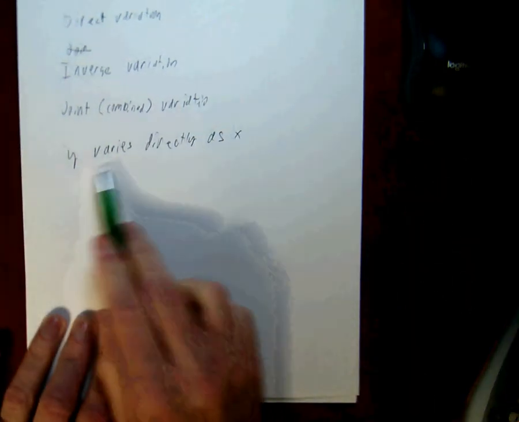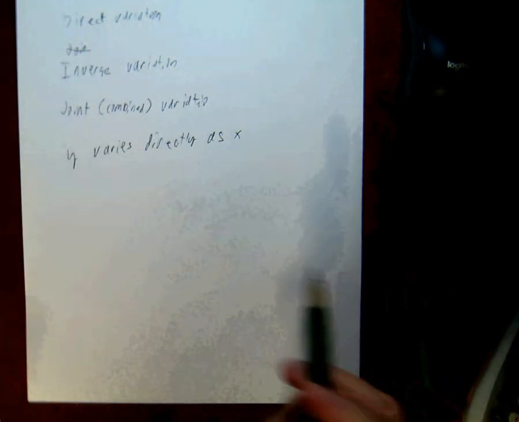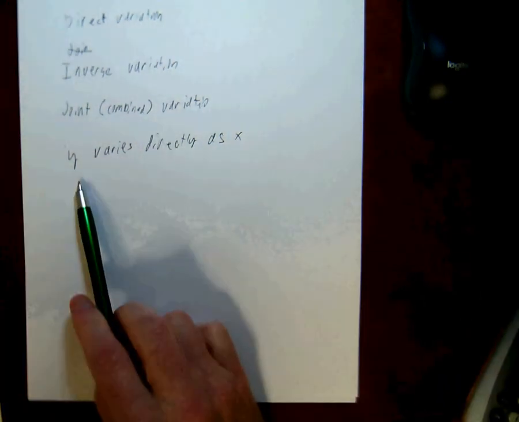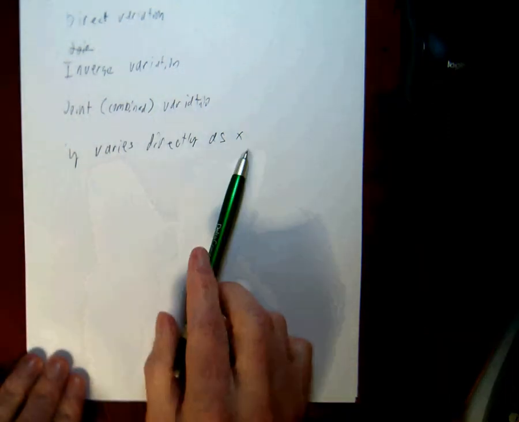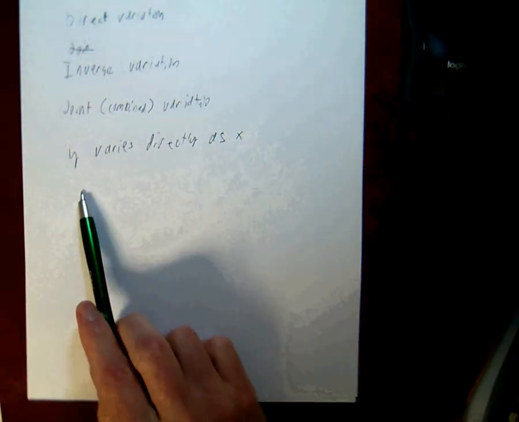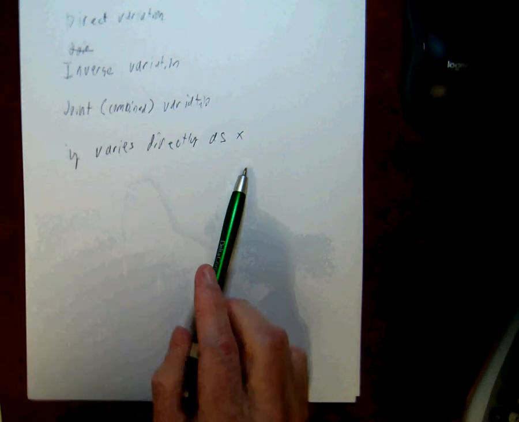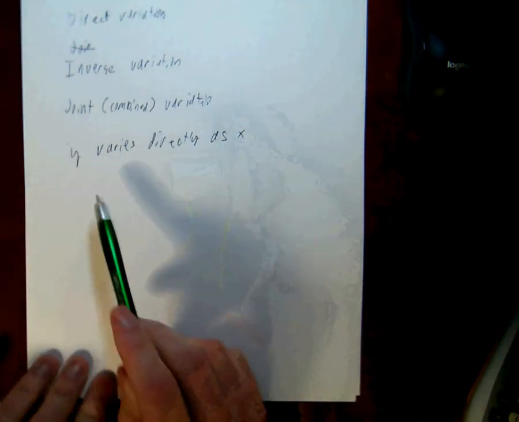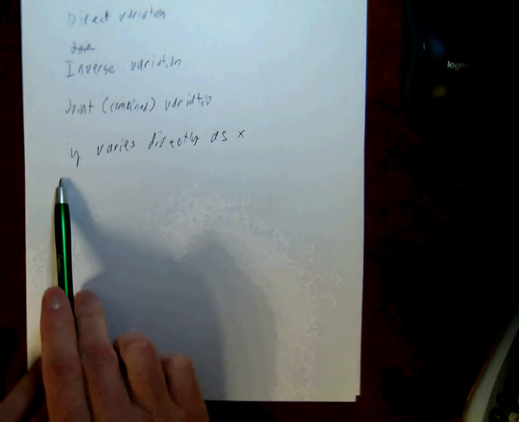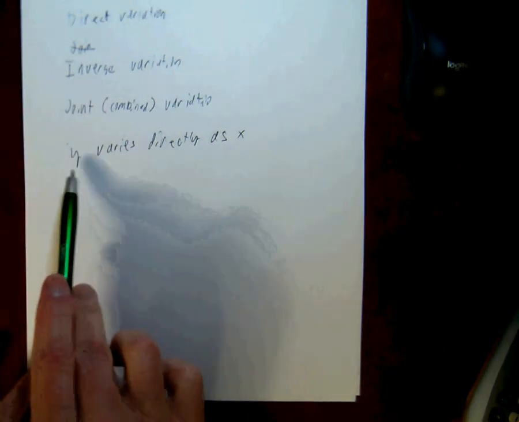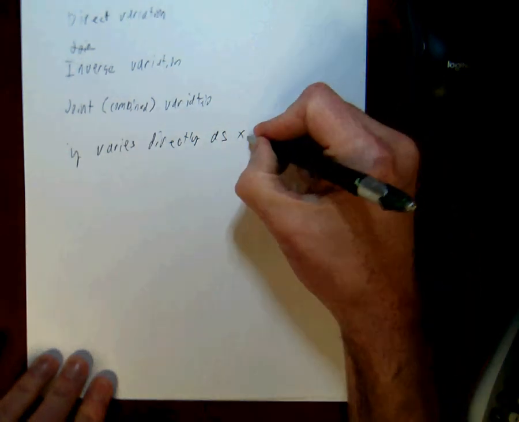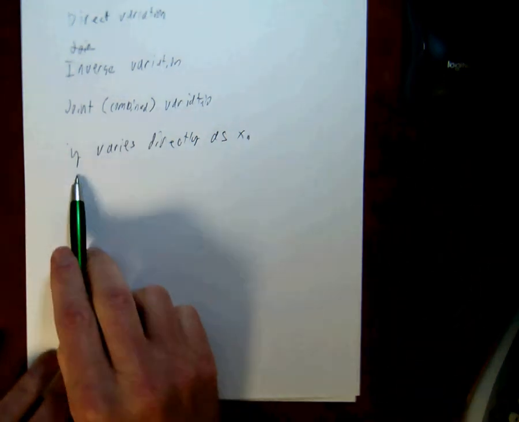They use other letters in word problems. They may say, they'll actually put words in, like miles vary inversely as gas or something. Sometimes they use words, so you have to replace the words with letters. But right now, since we're introducing this whole thing, it's going to be y varies directly as x, and your job is to translate this.